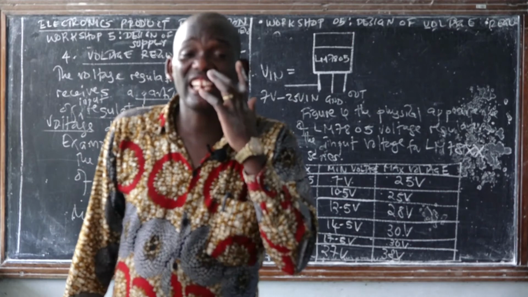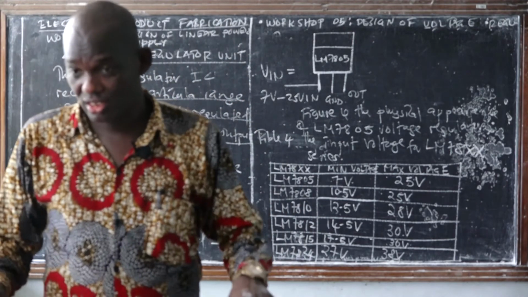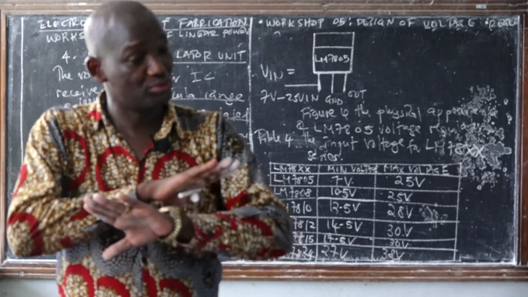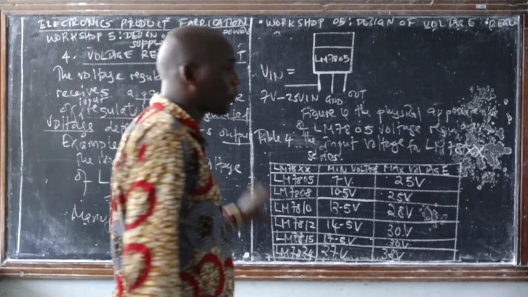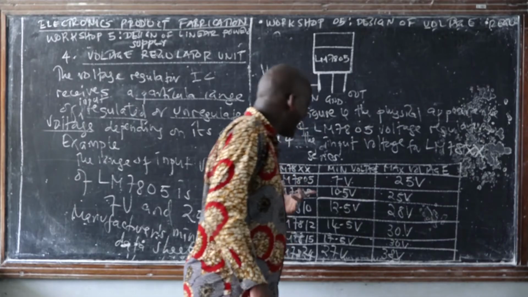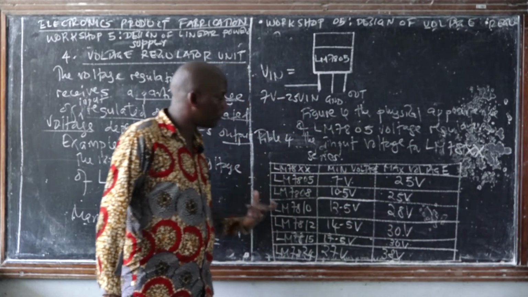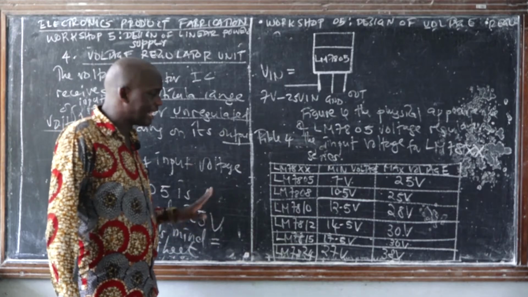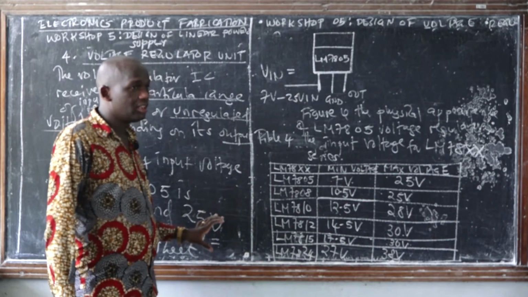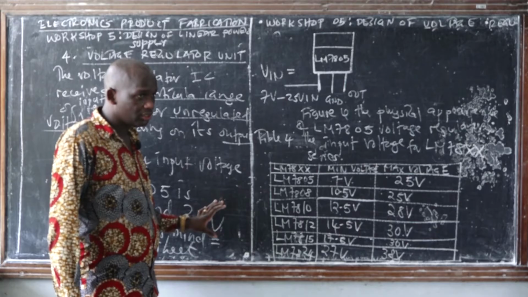Your entire linear power supply will be misbehaving. So the problem is not the voltage regulator, the problem is your input voltage. I know this is a common problem, especially in prototyping.